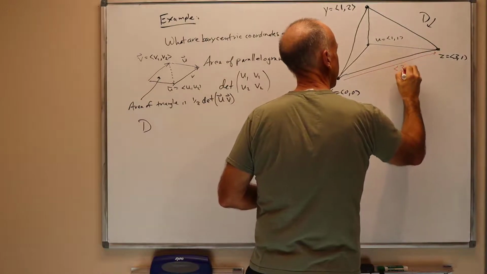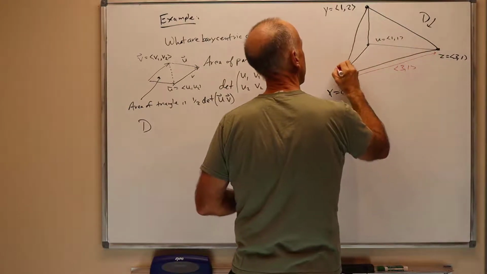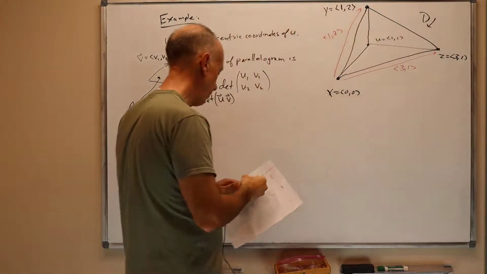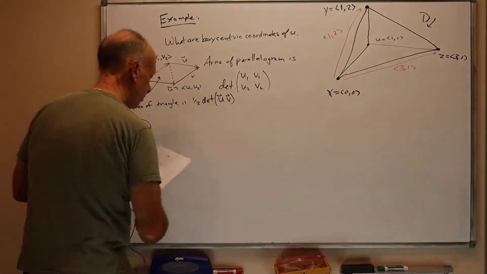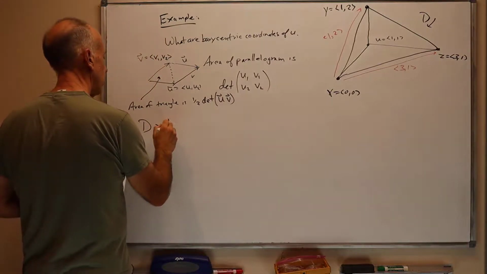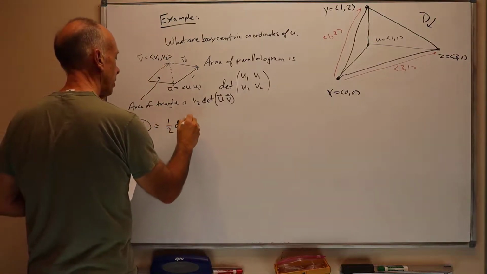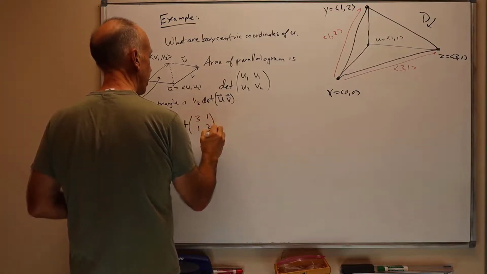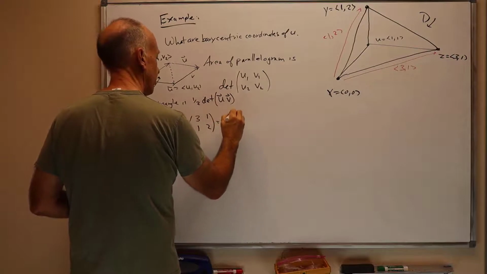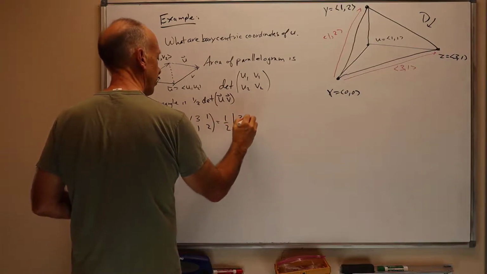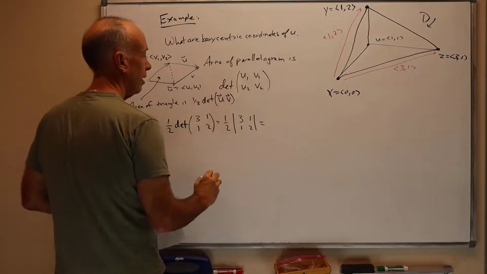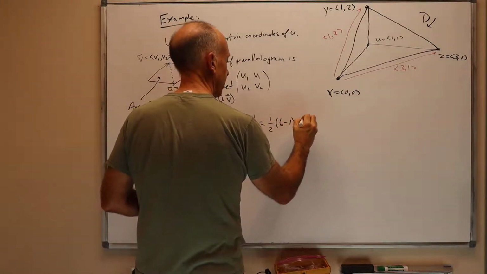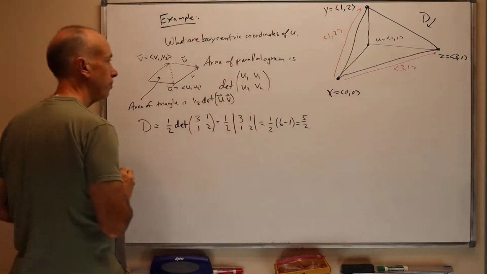So this is the vector 3, 1. This is the vector 1, 2. So D is 1/2 times the determinant of 3, 1, 1, 2. A lot of times we'll write determinant with just vertical bars. That's equal to 1/2 times 6 minus 1, which is 5/2.